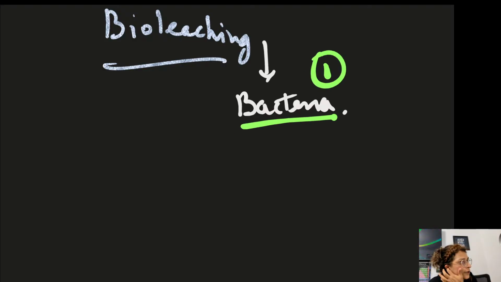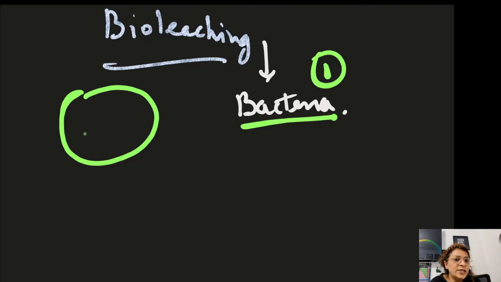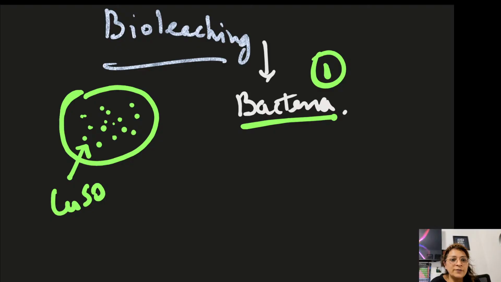Listen carefully. Ore is a rock which contains compounds. For example, this rock contains your desired compound, which is copper sulfate or copper oxide, and you want to extract the copper out of it. But it is a low grade ore.